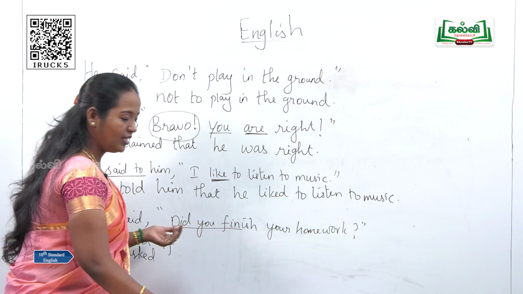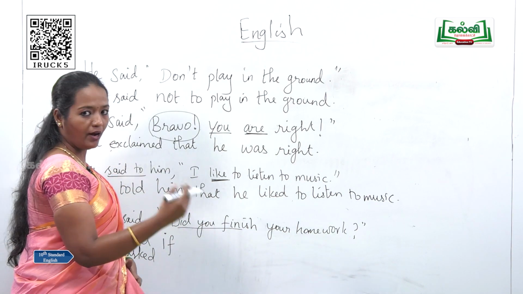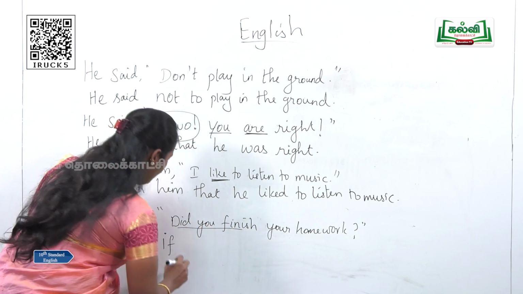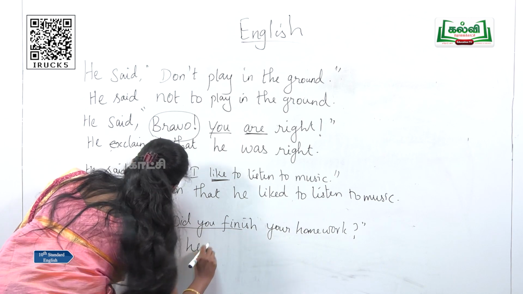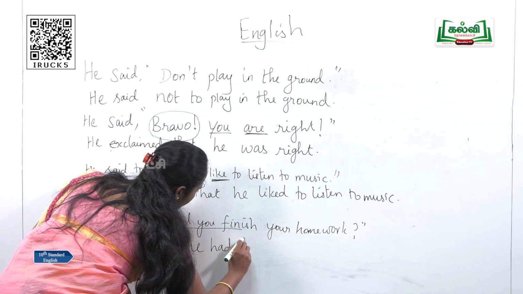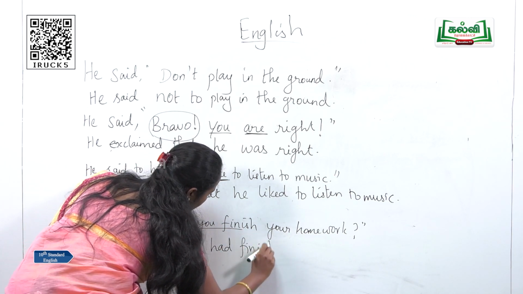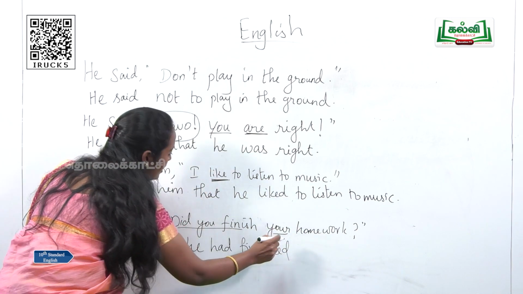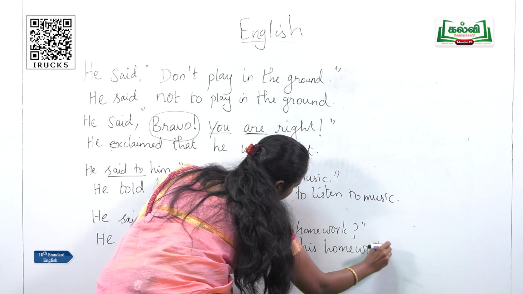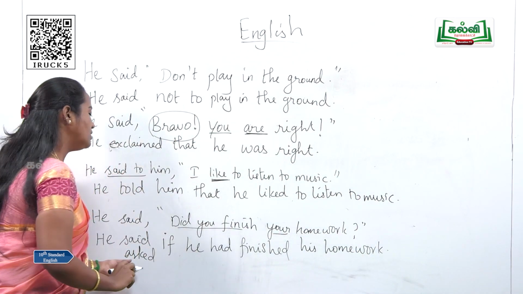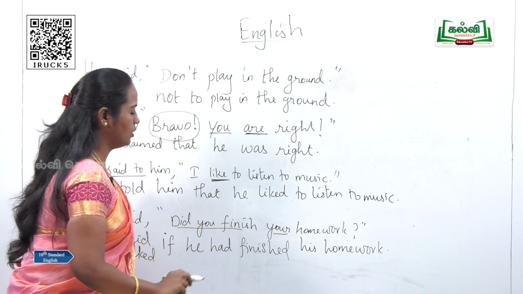And the formula for that is had plus past participle form of the verb. He asked if he had finished. So your becomes his homework. So he asked if he had finished his homework.